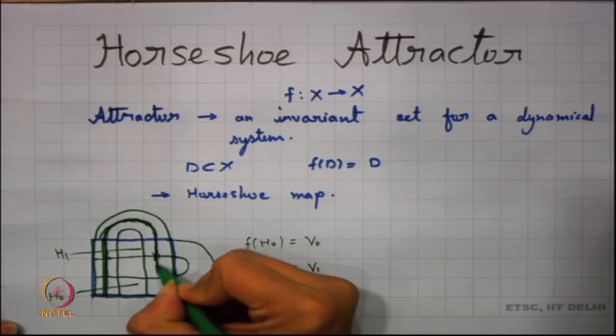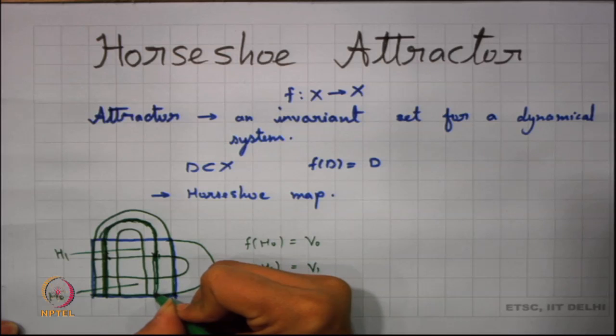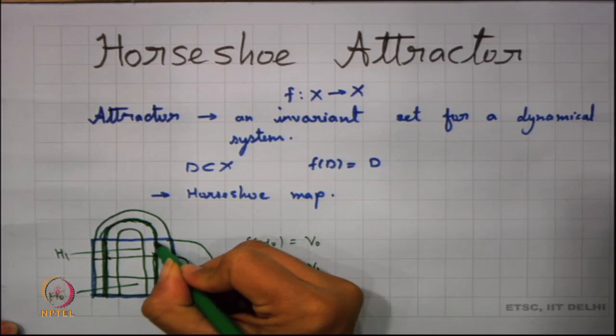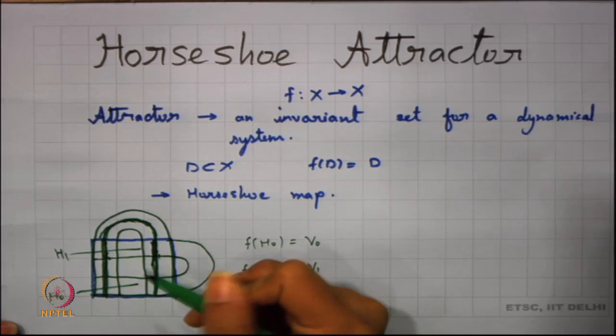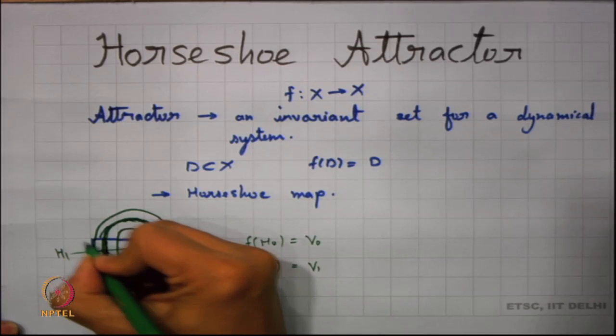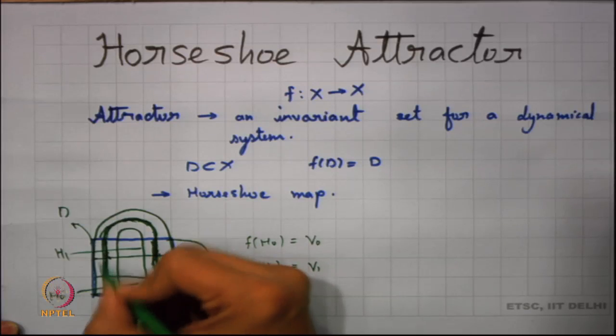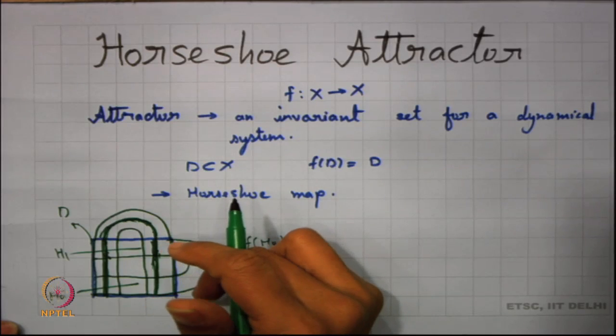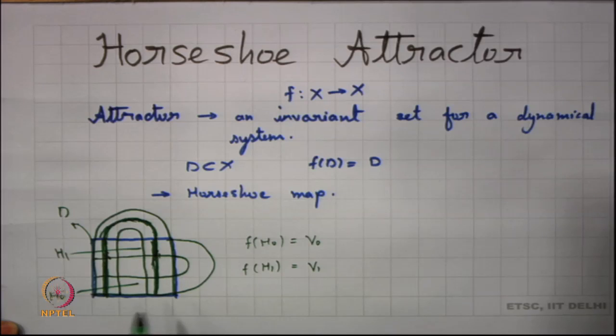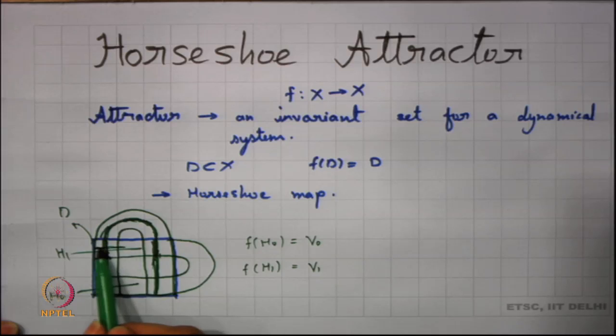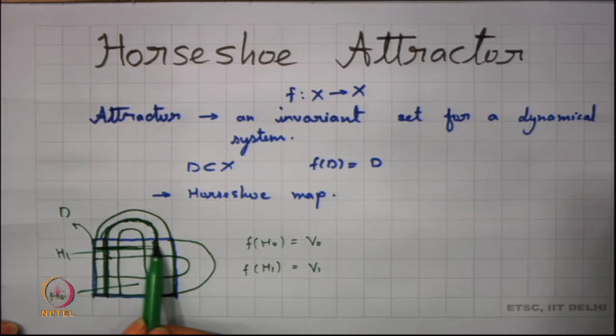The image of a vertical rectangle is two vertical rectangles in the plane D. This is what we call our D. So, in D a vertical rectangle is mapped to two distinct vertical rectangles, and similarly a horizontal rectangle under f inverse is mapped to two horizontal rectangles.